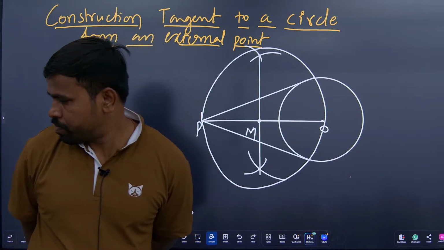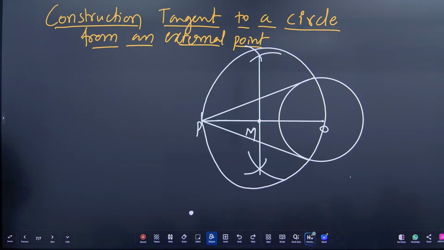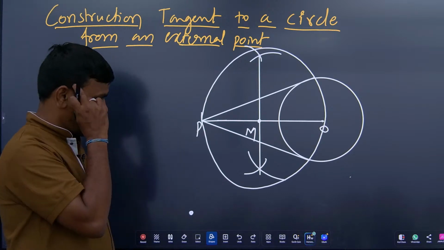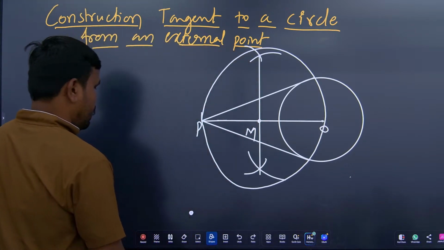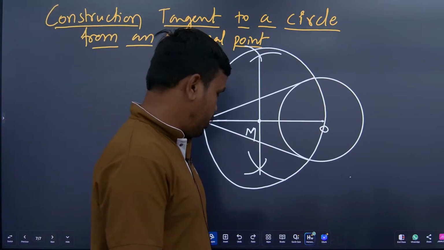Yes, very good. Jayaguda branch, show your construction to the camera. Fine. Everybody done. Next.